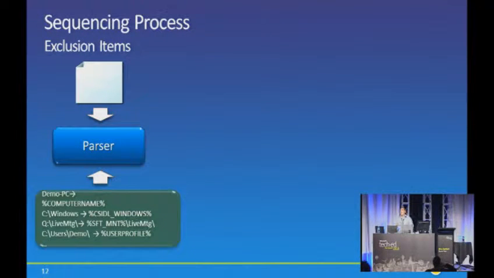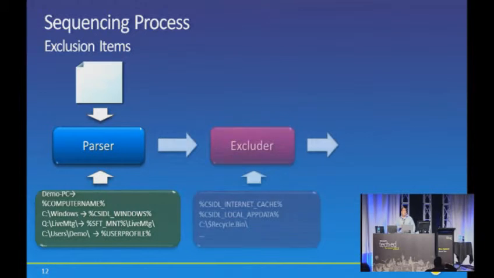What we try to do is tokenize all of the application data captured via the sequencer. We want to make this application data portable. So, for example, if there's a hard-coded name in the registry for my computer name, I want to strip that out and put %computername%. I want to variabilize this information so it can be used anywhere. Once we do that, we go through a stage called the excluder.